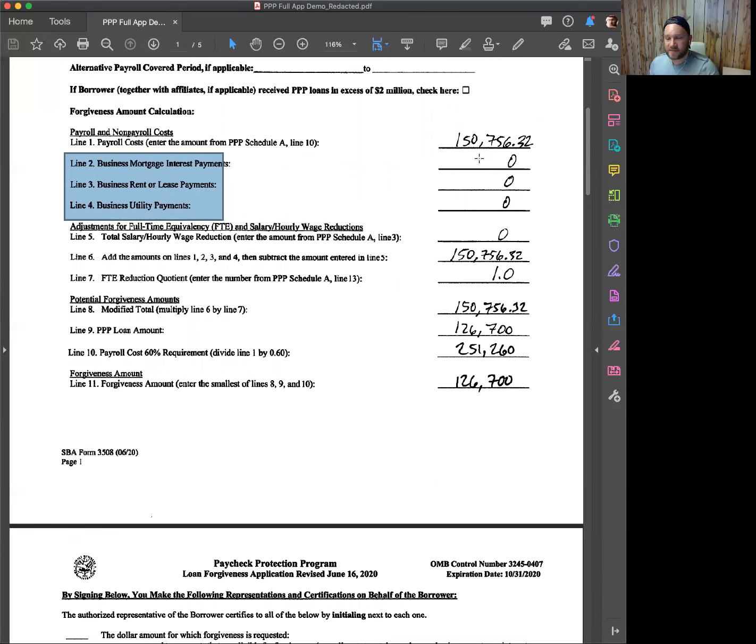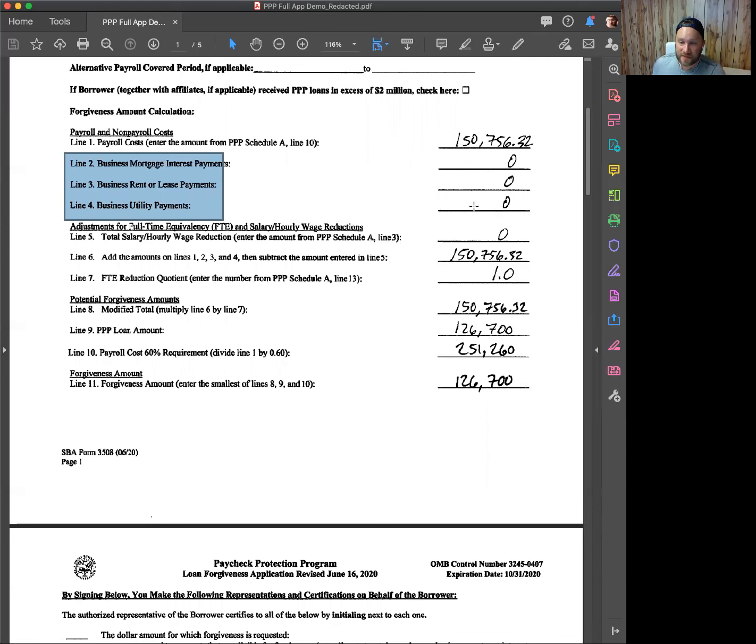And in this case, because I know that for this client, the payroll costs alone are enough to fully justify forgiveness of the entire amount, I didn't need them. So I'm not including them because they won't have any impact on it, and it's just more documentation I'd have to provide. All right, but if you don't have enough in the payroll cost and you are going to lean on some of these others, you're going to list those amounts here and just be ready to back them up with receipts.